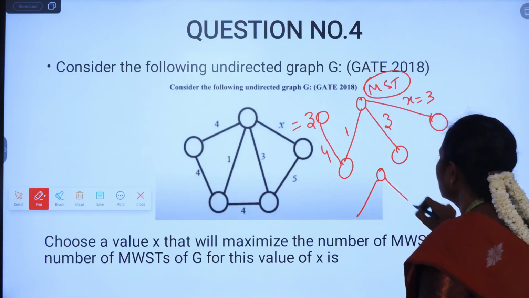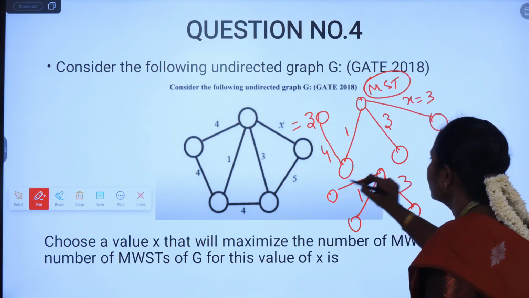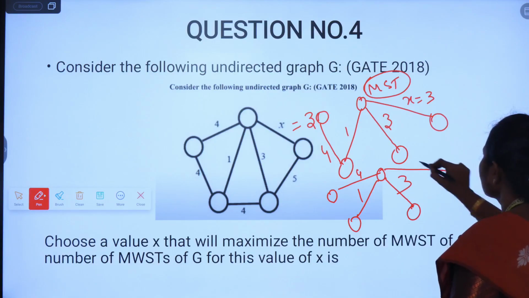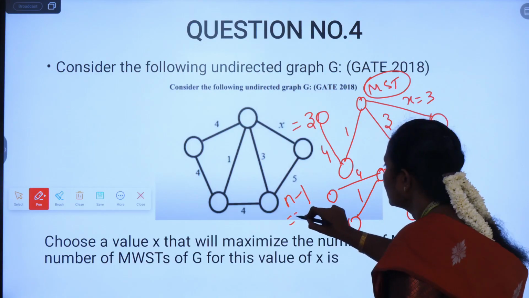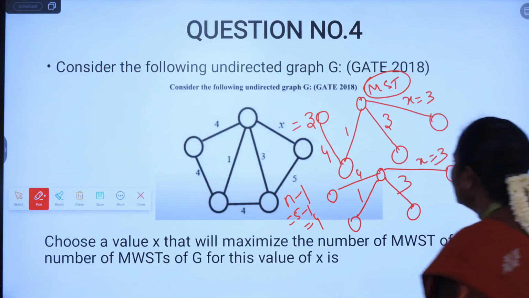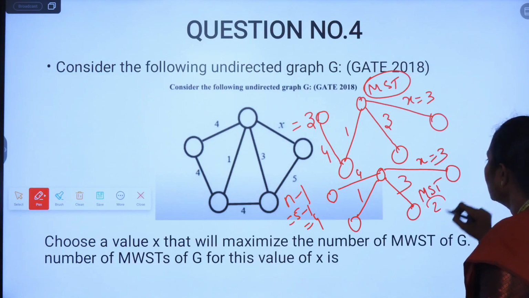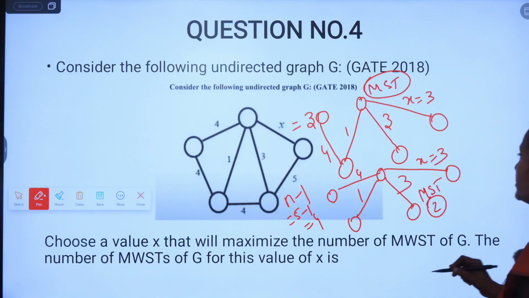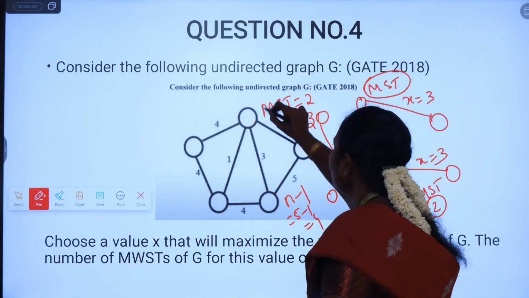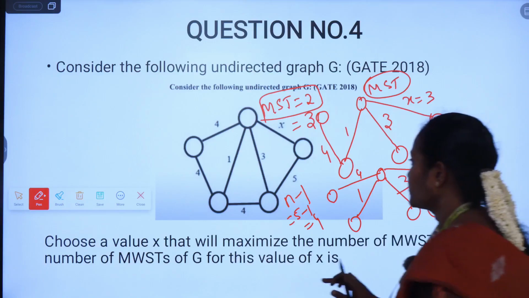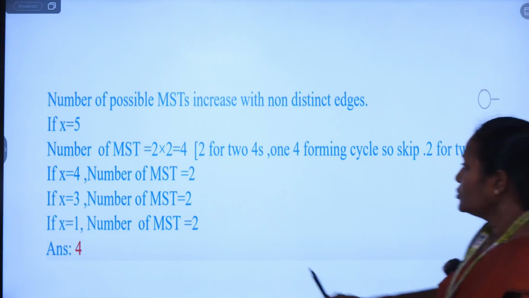You can use another 2, another 4 here. Here also the edges are 4. So this is the next minimum spanning tree, the second one. So totally, if you are considering x is equal to 3, you have 2 minimum spanning trees. Okay, that is what I have given here.